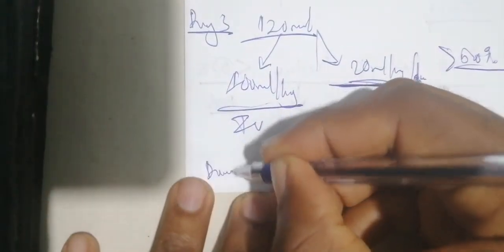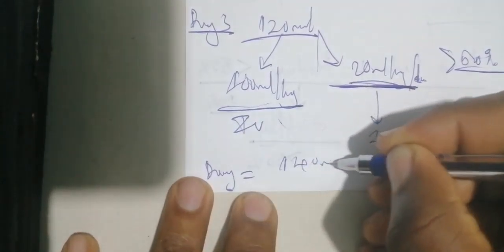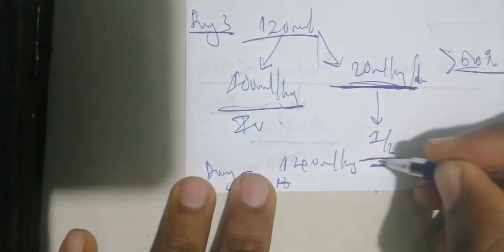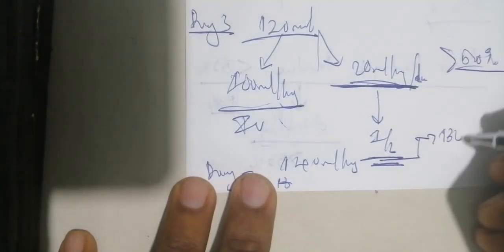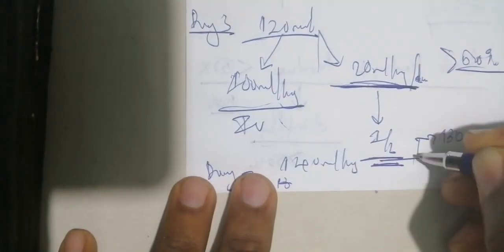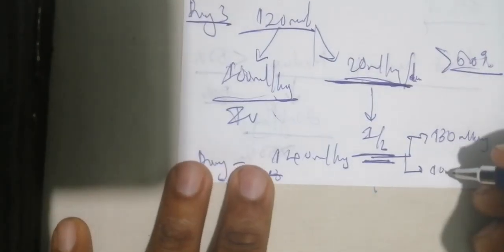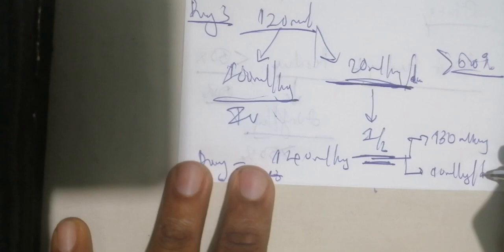On day 4, normally the child is supposed to be on 140 mils per kilogram. I can add the first 10 here, gives 110, and then I add the next 20, gives 130. So 130 mils per kilogram is given through IV fluids, and the other 10 mils is given through breastfeeding. Is it clear? That's how you have to change according to the day.